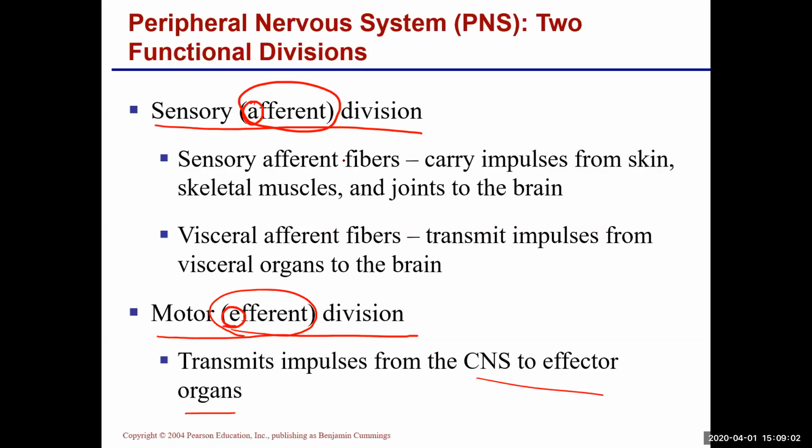Now, sometimes this signal could be coming in from our organs. And if it is our internal organ, usually we call it visceral afferent fibers, as opposed to sensory afferent fibers. Sensory afferent impulses can be coming from the skin, joints, ligaments, the skeletal muscle, things in that nature. Visceral, think about your deep organs.